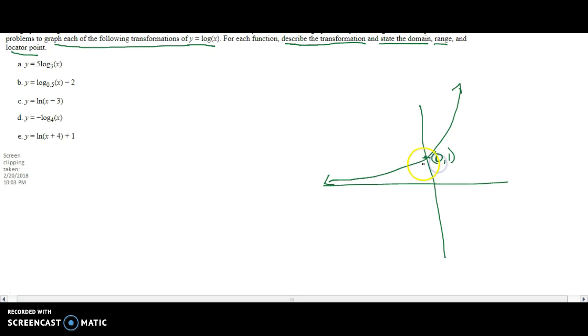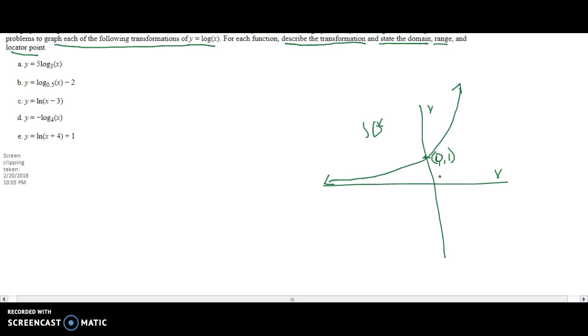In other words, it's where 10 to the x crosses the y-axis. So that is our locator point for exponential. You can think about that as you think about the locator point for logarithmic functions.